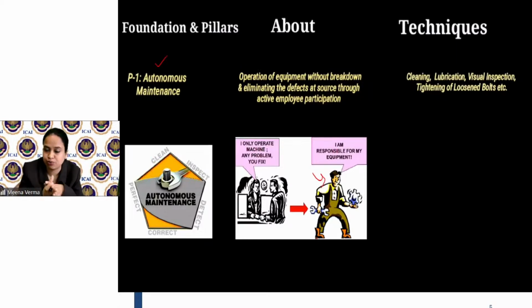Actually, both are responsible, but now the responsibility of the operator has increased. Earlier, the operator imposed all the responsibility on engineers, but not now. Okay? So it is the responsibility of the operator to maintain the machine so that it can work without any breakdown, eliminating defects at the source through active employee participation.